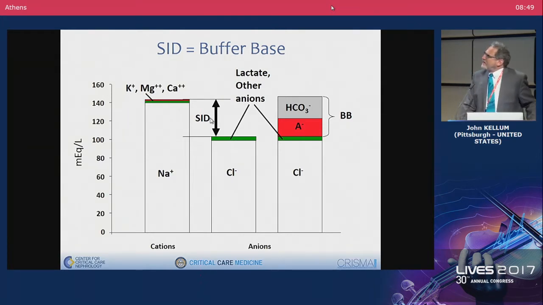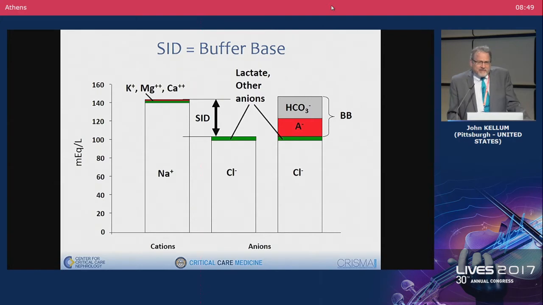So what the strong ion difference is, it's the difference between the anions and the cations in plasma. This is the strong ion difference. And of course, it's filled by weak acids and the effect of PCO2, which is largely bicarbonate, and we call that the buffer base. And so the change in buffer base is the strong ion difference.